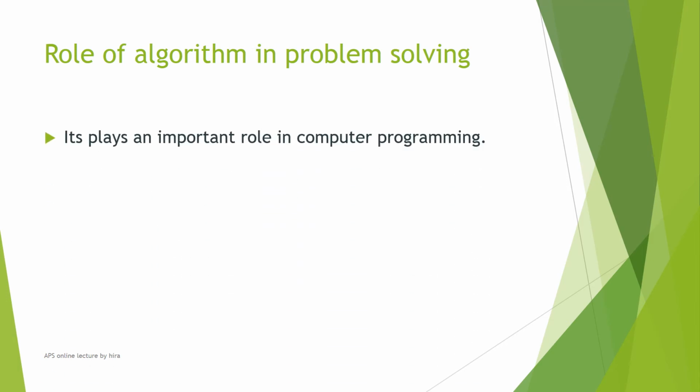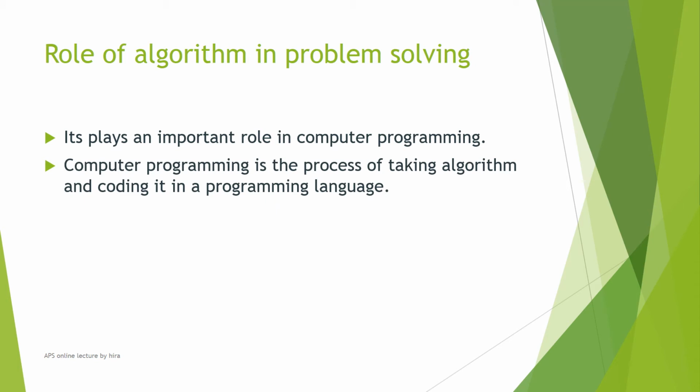The next topic is the role of algorithm in problem solving. Algorithm plays an important role in computer programming, because computer programming is the process of taking an algorithm and coding it in a programming language. First we write an algorithm by step-by-step method, and then the computer programmers take the algorithm and code it in any programming language.